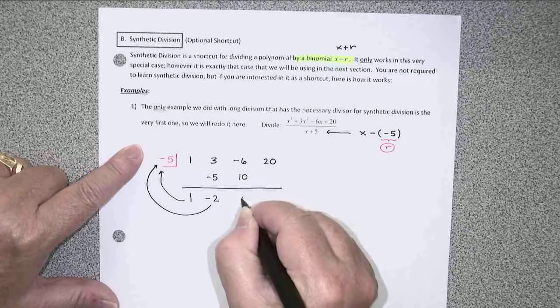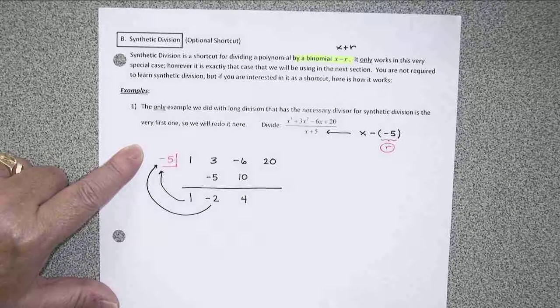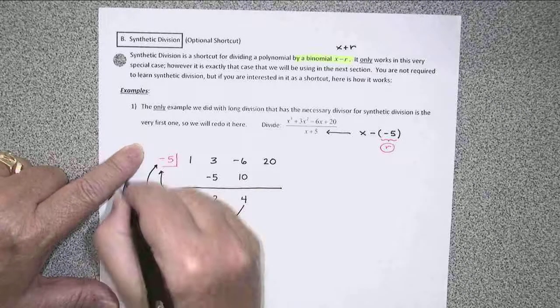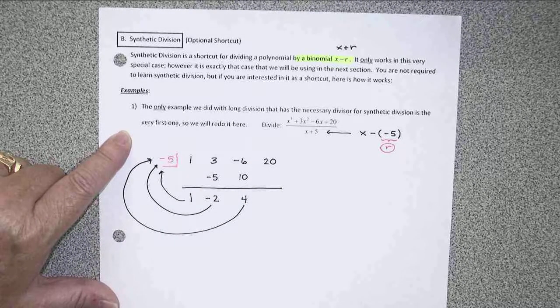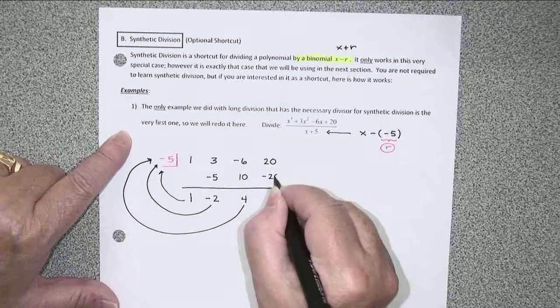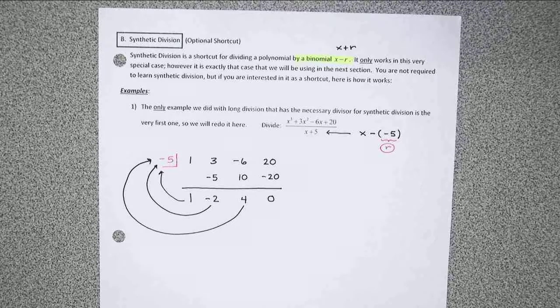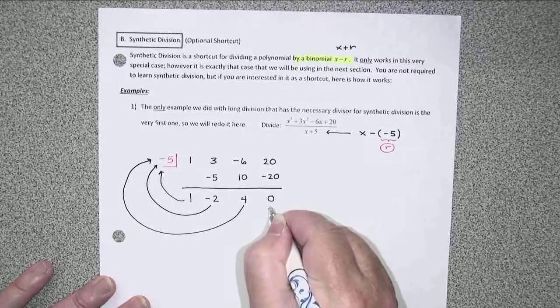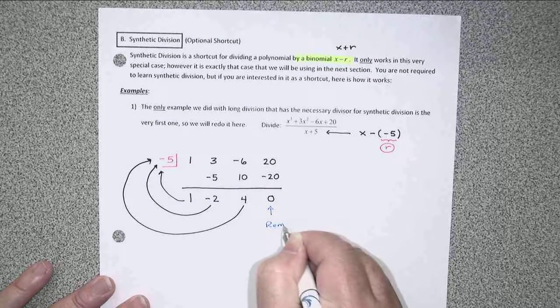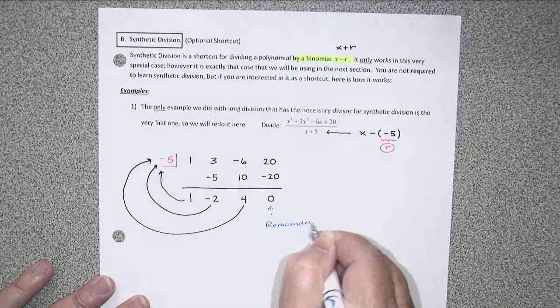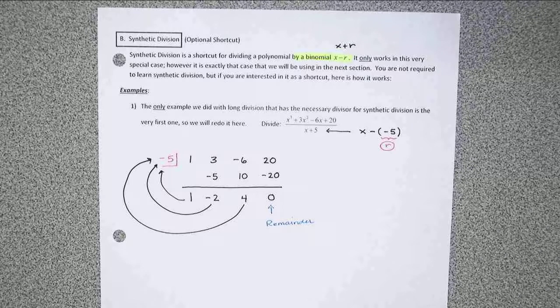Add and get 4. Multiply again. 4 times negative 5 is negative 20. Add and get 0. This last value is the remainder. So in this particular problem, there is no remainder. The remainder is 0. Division came out evenly.